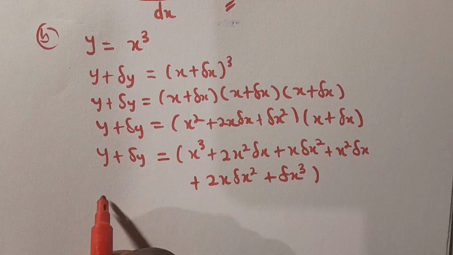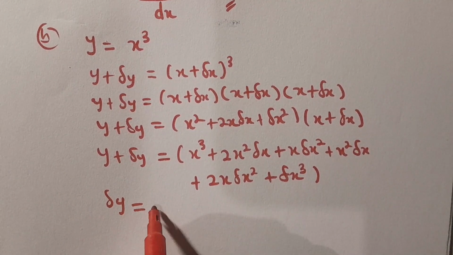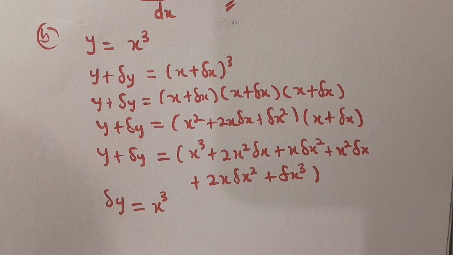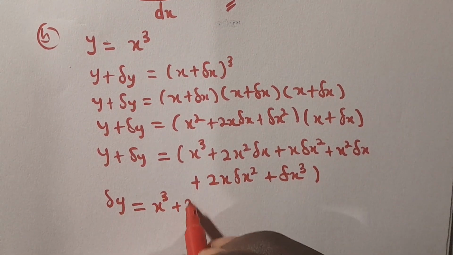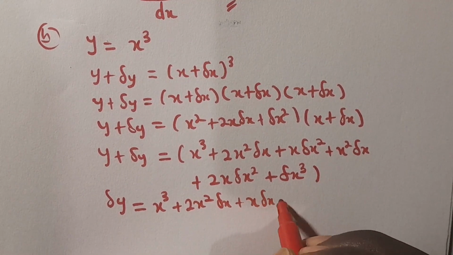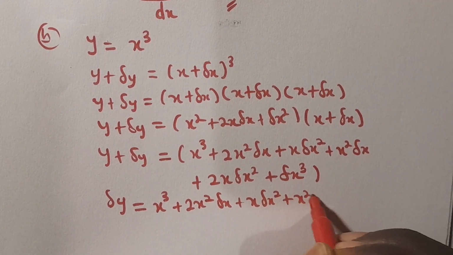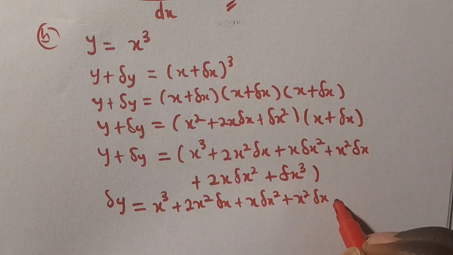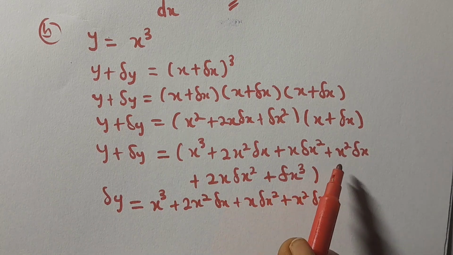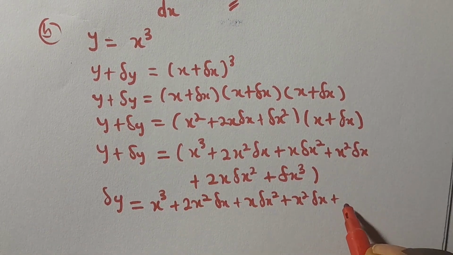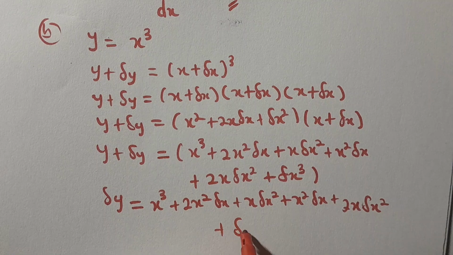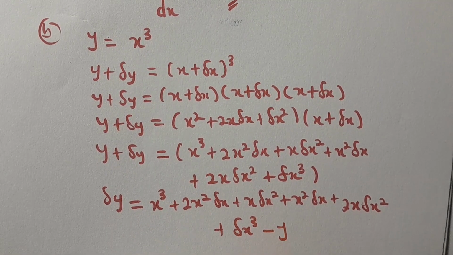By taking it to this side, change in y will equal, by writing everything here, x cubed plus 2x squared change in x plus x change in x squared plus x squared change in x plus 2x change in x squared plus change in x cubed minus y.